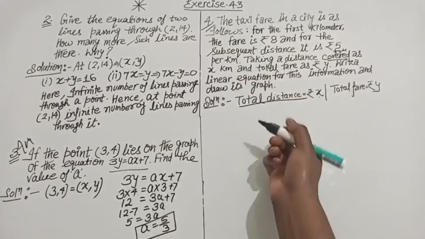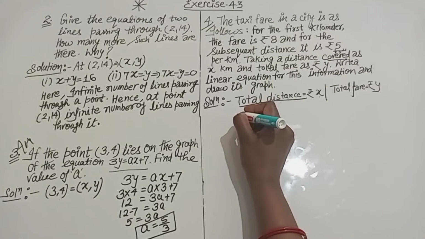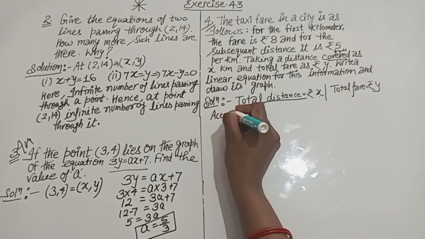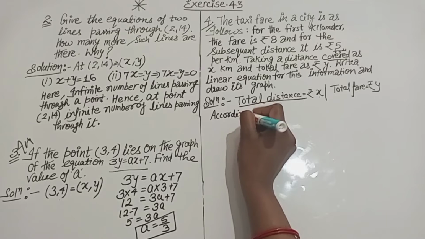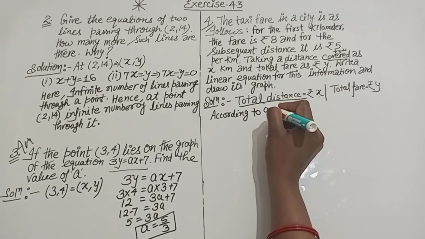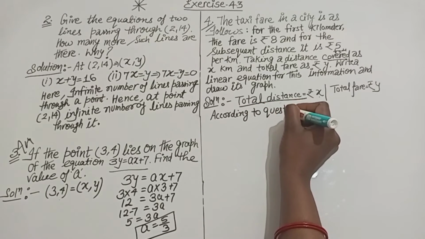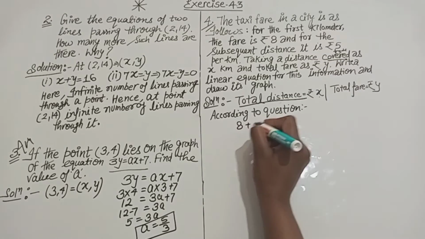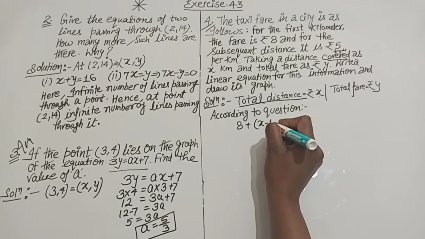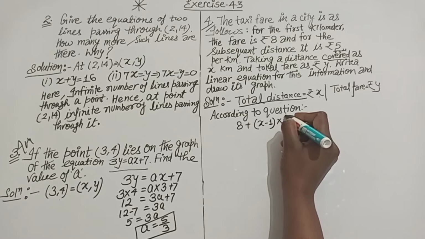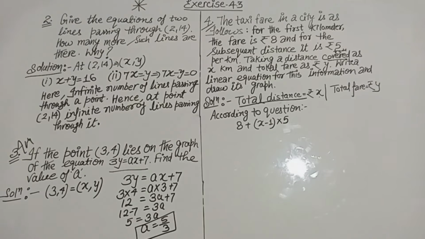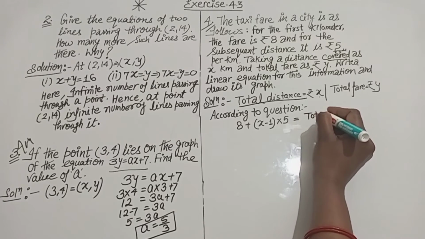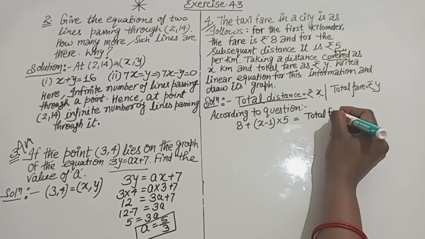Here, according to the question, the first kilometer is 8, plus x minus 1 is the remaining distance and the per kilometer rate is 5. This gives the total fare.